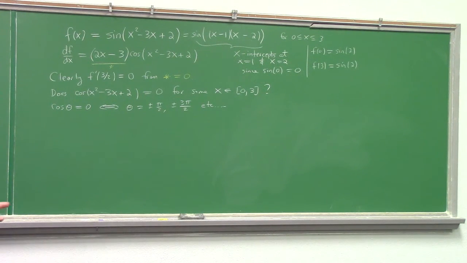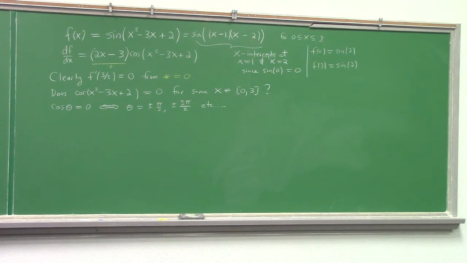So the question becomes, can we solve x squared minus 3x plus 2 equal to plus or minus pi over 2, or plus or minus 3 pi over 2? Maybe a better way to say it is, what values does x squared minus 3x plus 2 take over the interval of 0 to 3?